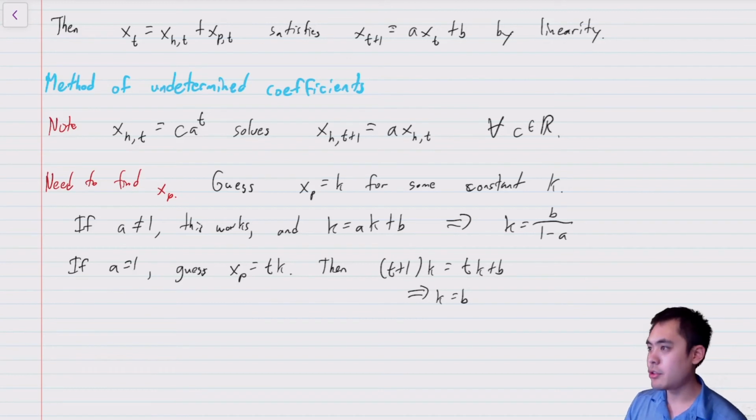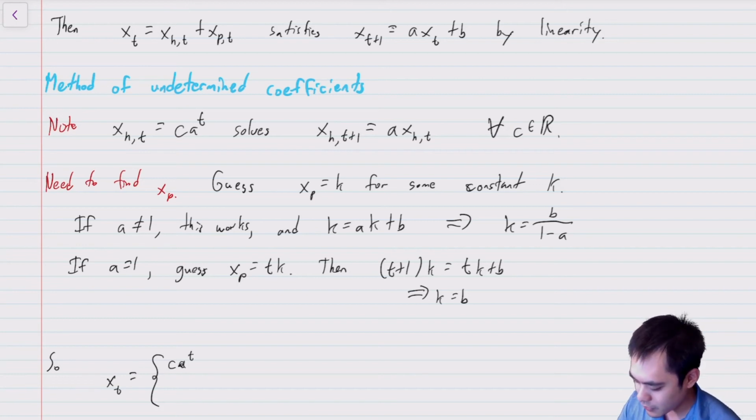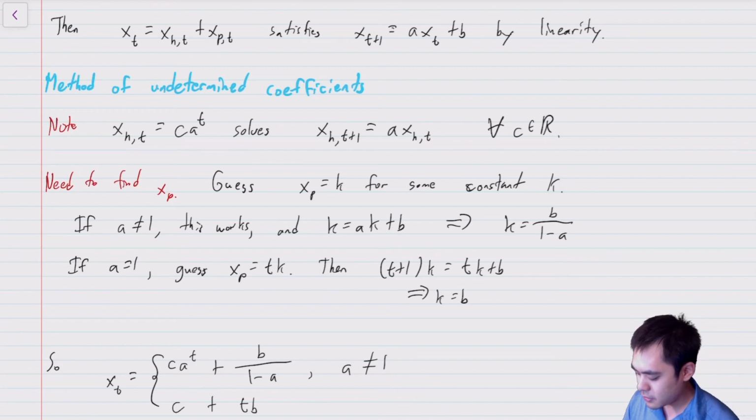So putting that together with the homogeneous solution, we get x sub t is equal to c a to the t. Let me rewrite that. C a to the t plus b over 1 minus a. This is if a is not equal to 1, and c plus tb if a is equal to 1.